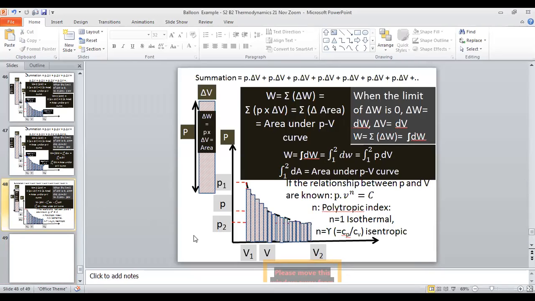After learning this integration of PV diagrams, your closed system evaluations, you will be reaching a very good level. And steady flow energy equations, you have the basic knowledge.